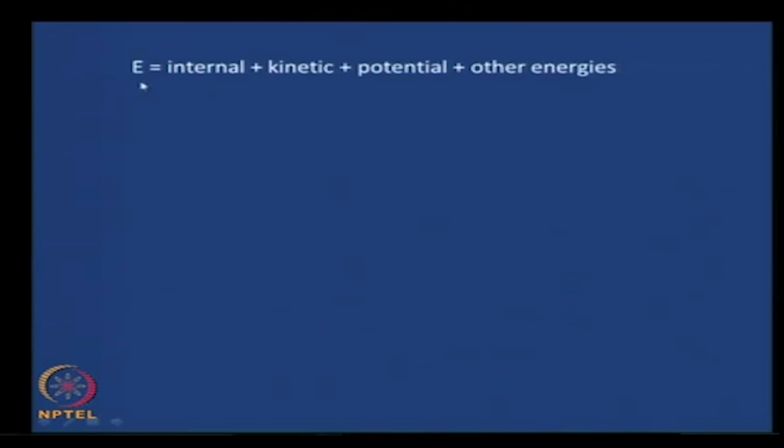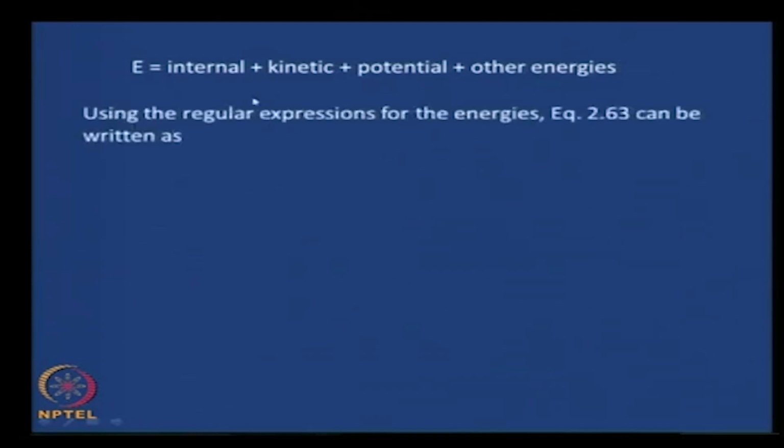Now, let us look at E in a little more detail. This E is the energy of the system that can consist of internal energy, kinetic energy, potential energy, surface energy, electrical energy, and many other energies it could. Using the regular expression for energies, let us see whether we are generalizing it here.